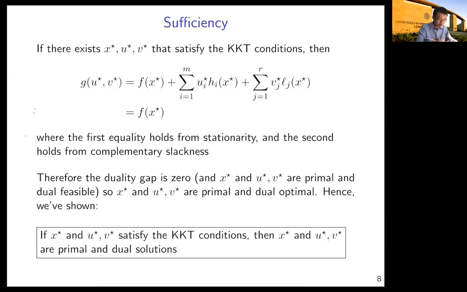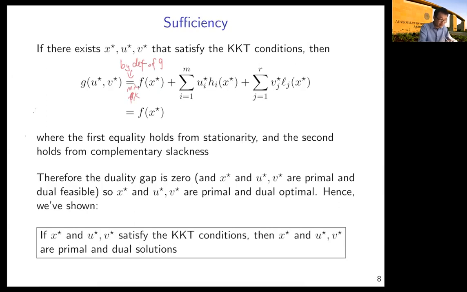First of all, by definition we can write down the definition of g, with the additional difference being that this is a minimum over x.